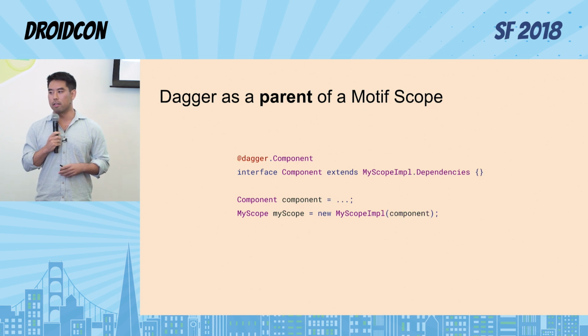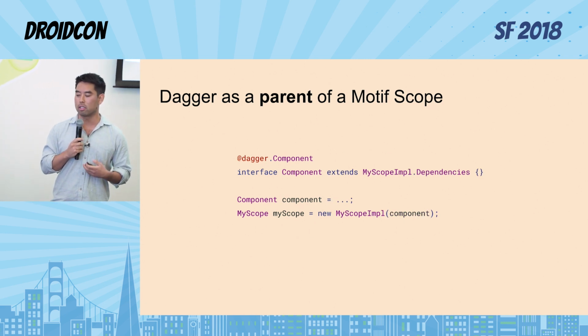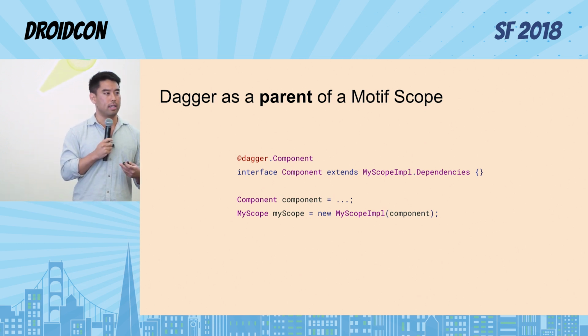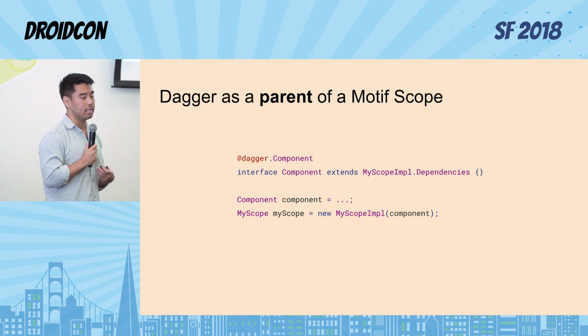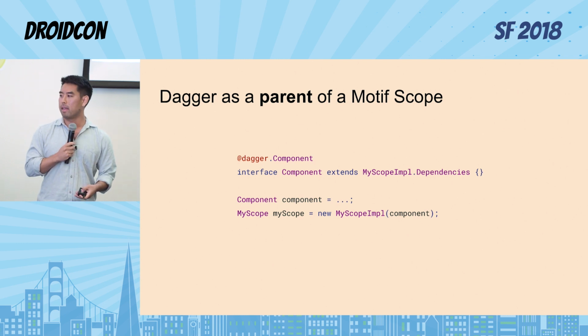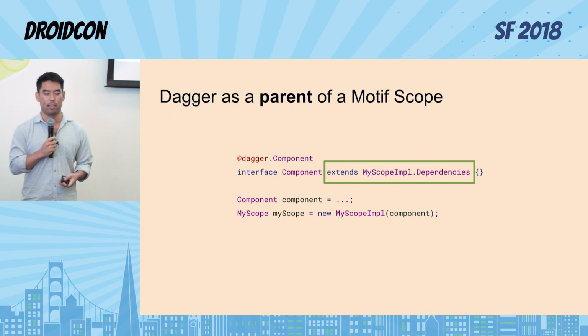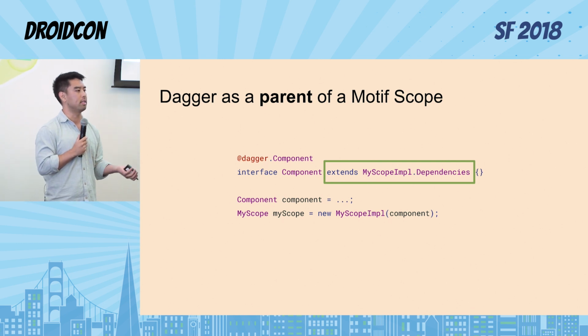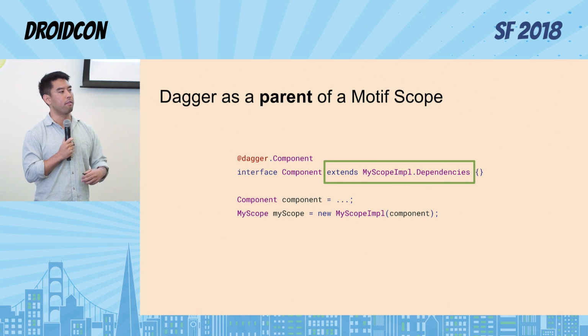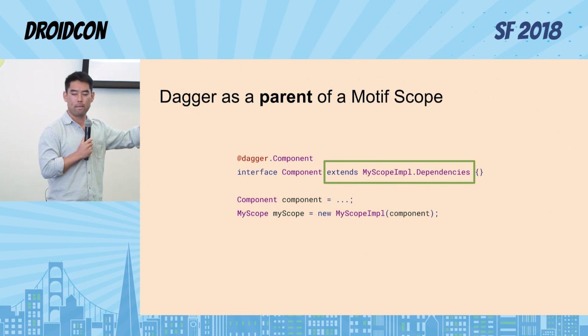So the second scenario is Dagger as a parent of Motif scope, and this is almost just as simple. We said that Motif generates an implementation of the scope interface that you define, and along with that code-generated implementation, it generates this dependencies interface, and this lists out all of the dependencies that are required from the scope's parent.